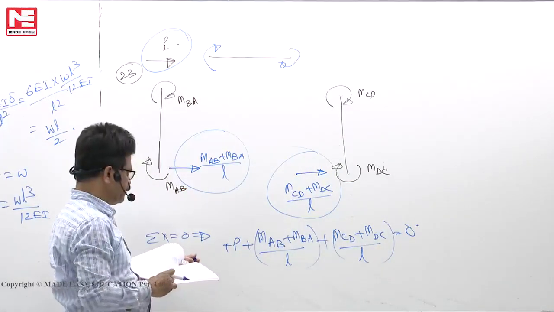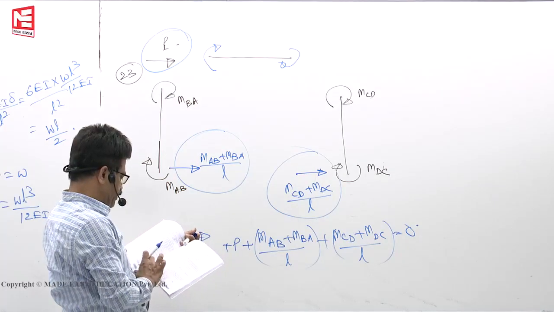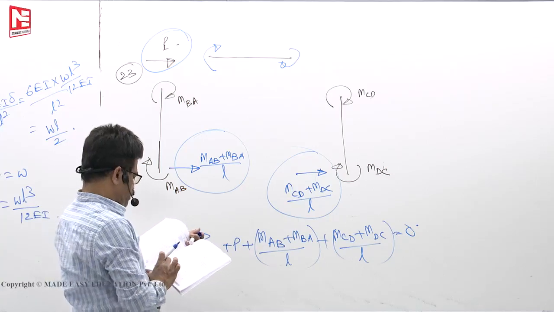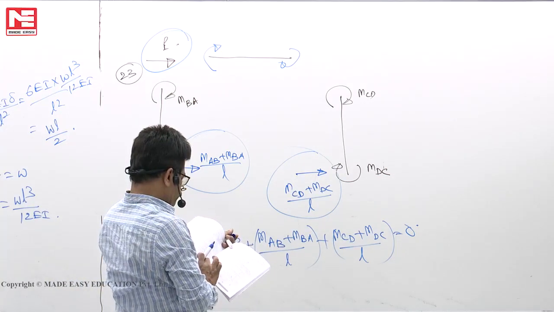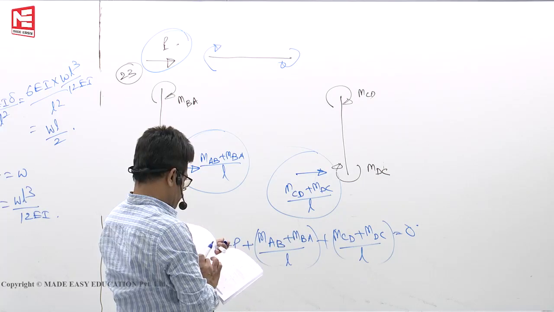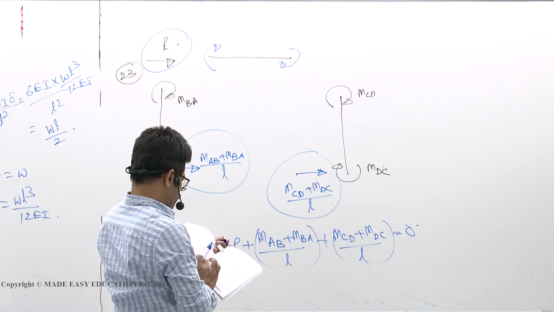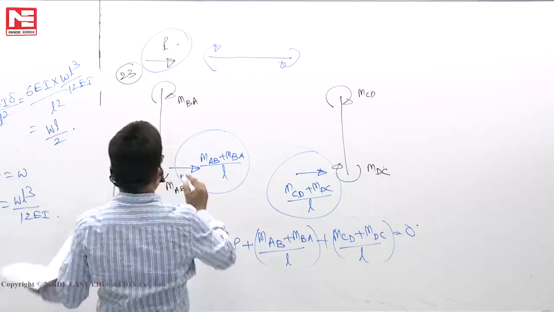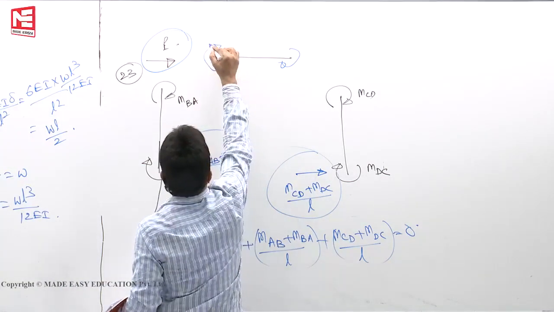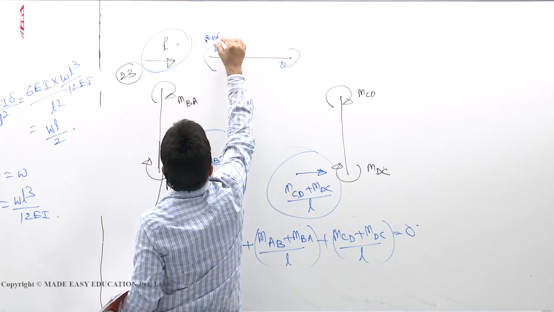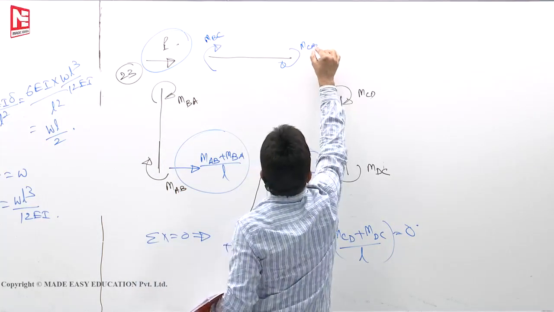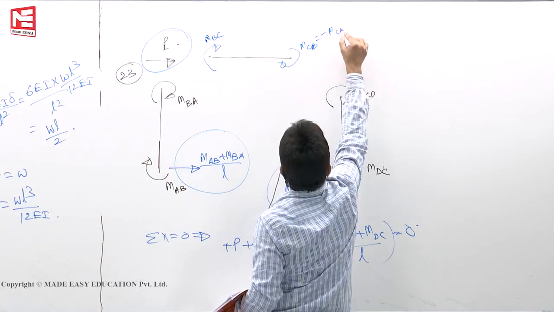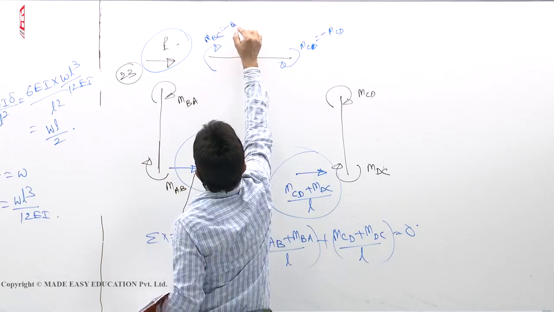So what has he given? MAB plus MBA by L, MBC plus MCB, MCD plus MDC. Okay, we will write now like this. This is actually MBC. This is MCB. MCB is equal to, I can write minus MCD. This will become minus MBA.